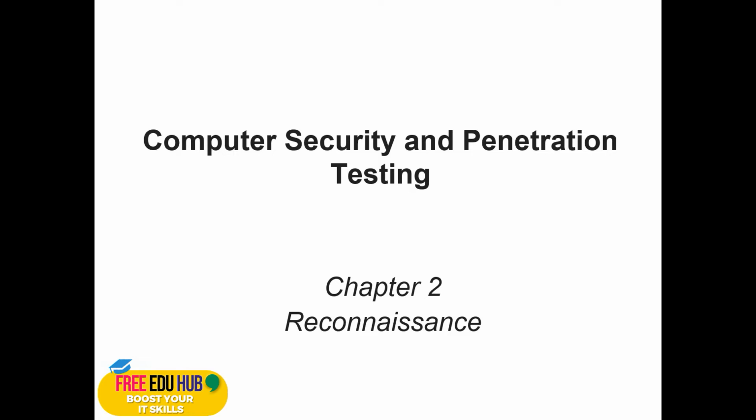If you're not aware of the tools and the techniques that are used by these guys, you'll not be able to protect yourself. So that's why it's very important to know what they do, how they collect the information, how important that information is, what information you must be hiding, and what information must be clearly visible and available to the outside world.